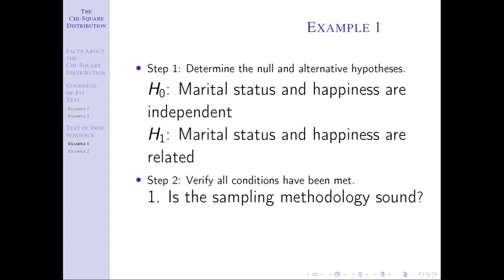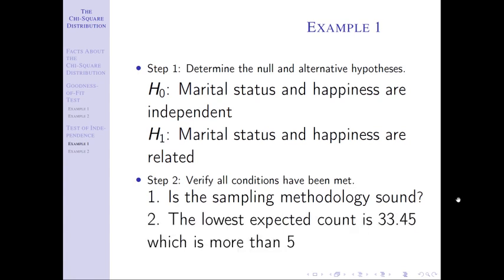So you could say, yeah, this totally seems fine. I don't see why people would lie about this. Or you can come back and say there might be some response bias because people might lie in this regard. And in this case, I think either answer would be acceptable as long as you have a good justification there. And then we're always checking our mathematical assumptions. In this case, we just have to check our expected counts. All of them are greater than 5.